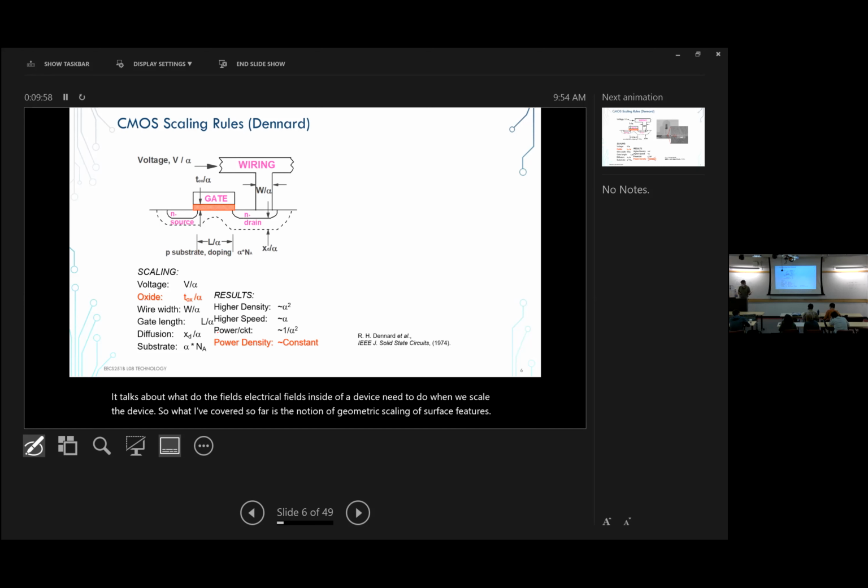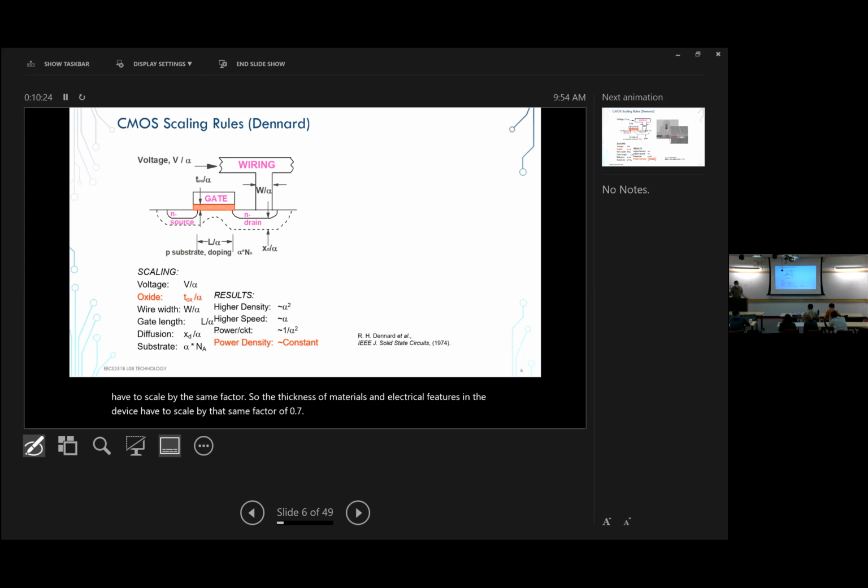Dennard's paper basically said that it is not just the horizontal features, the features on the surface, that need to scale. The whole three-dimensional structure has to scale by the same factor. So the thicknesses of materials and electrical features in the device have to scale by that same factor of 0.7.